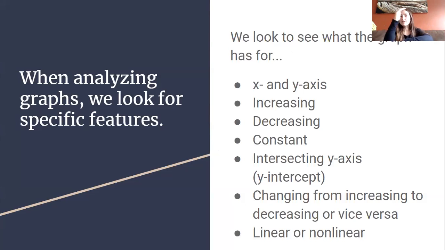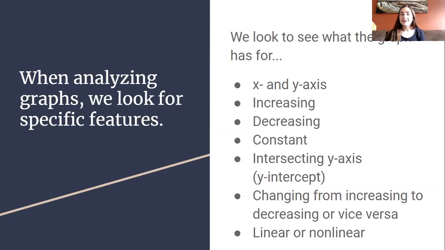Okay, so we want to look to see what the x and y axis represent. We also want to look to see, as x is increasing, what is y doing? Is y also increasing, or is y decreasing? We also want to see if there are any points where the graph is just constant, where it's not going up or down, it's just going straight across.